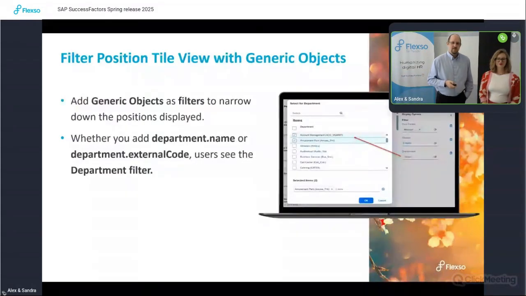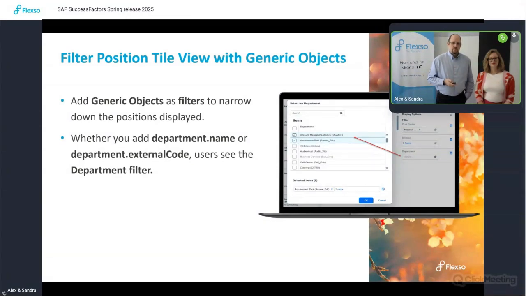When working in succession, you not only have a succession org chart, but you can also have this position tile. In the position tile, based on the number of positions, it could be quite a lot. So when you were searching for a specific position that you wanted to check, or for positions of a certain department, it was not always easy to find. This was now enhanced so that you can add generic objects as filters to narrow down the position displays.